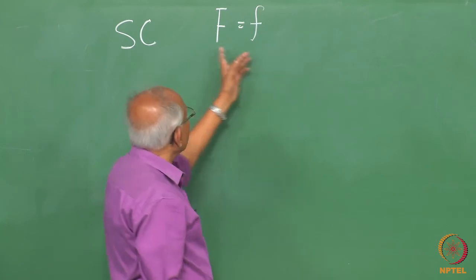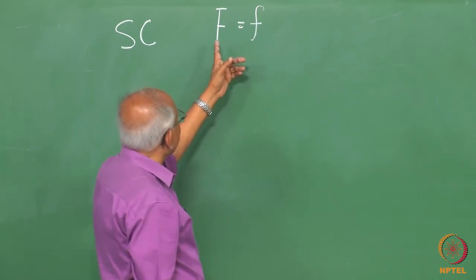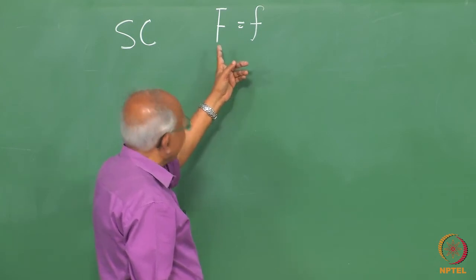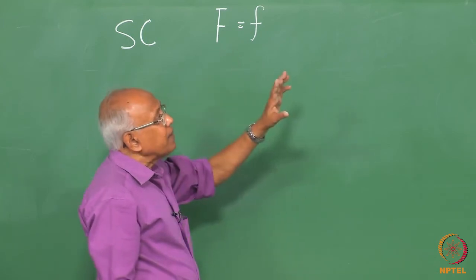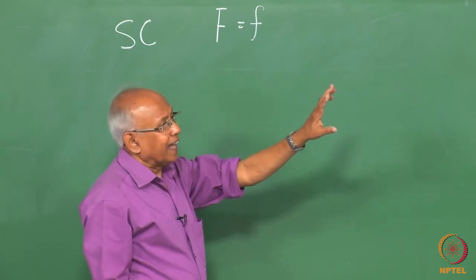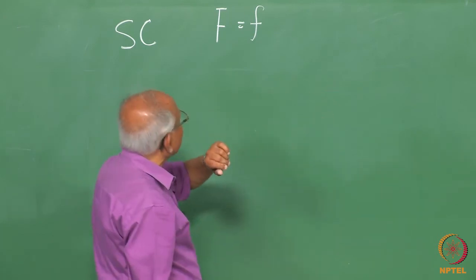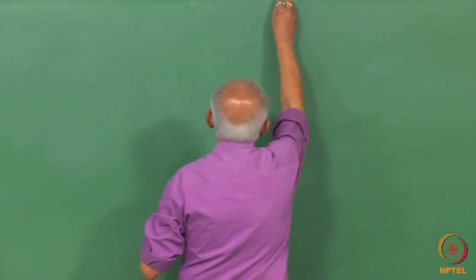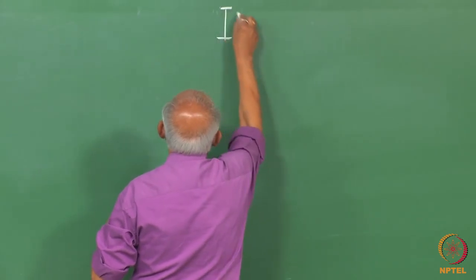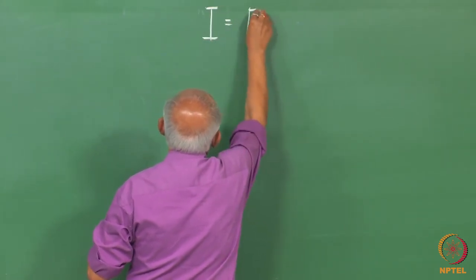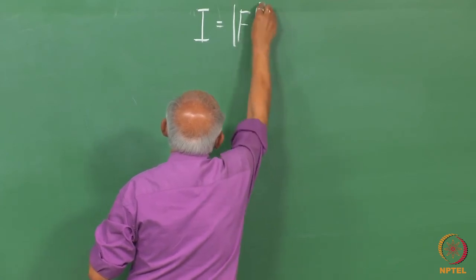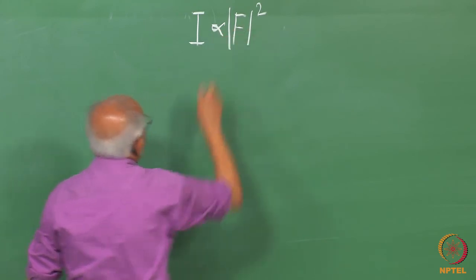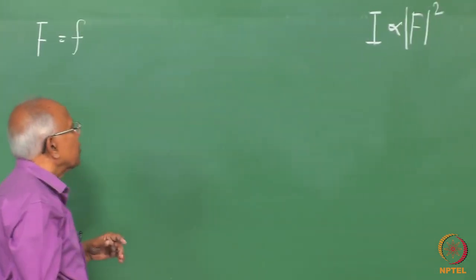The crystal structure factor is the amplitude of X-radiation scattered by all the atoms in the unit cell divided by the amplitude scattered by a single electron. When you consider the intensity of a diffraction line, it is actually the square of the amplitude. So, f squared appears; the intensity is proportional to f squared.